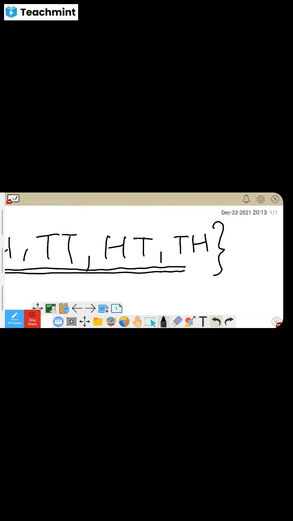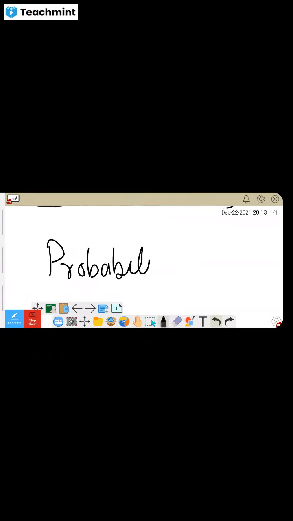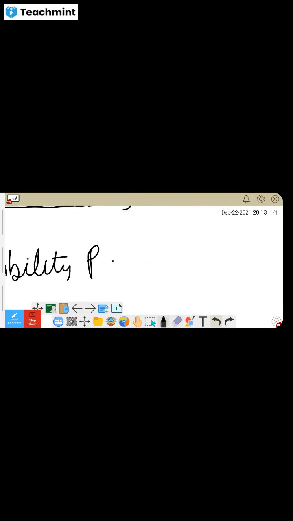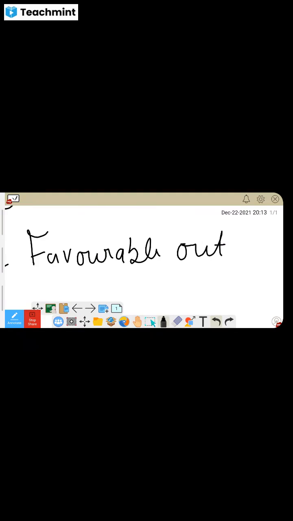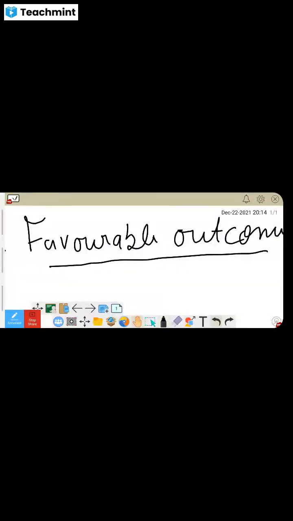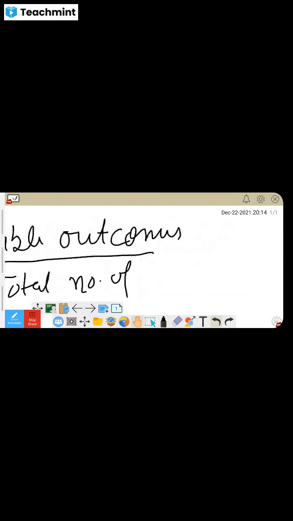And the formula to find probability: probability is denoted by P, and the formula is favorable outcomes over total number of outcomes.